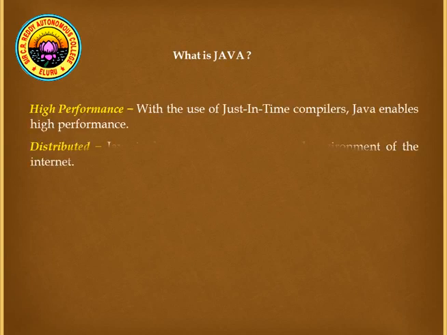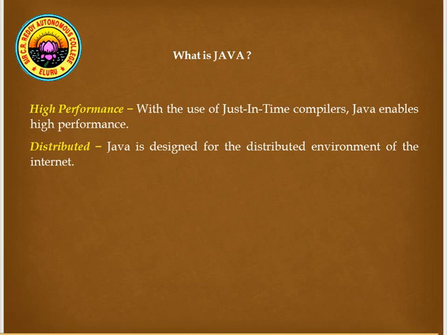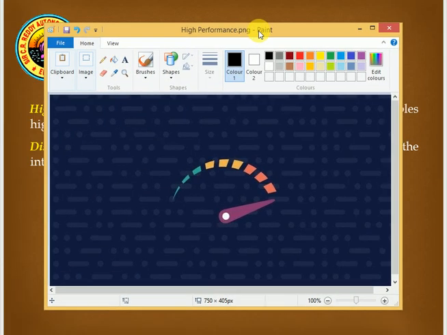Next, Java is high performance. Yes, Java is high performance. That means speed. We can measure the performance of anything using its speed.